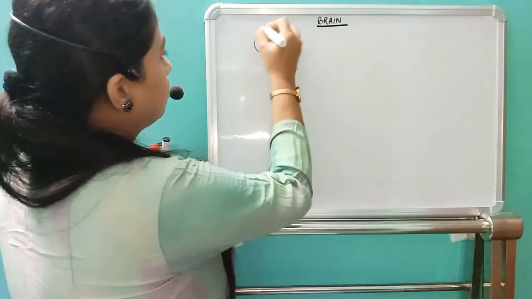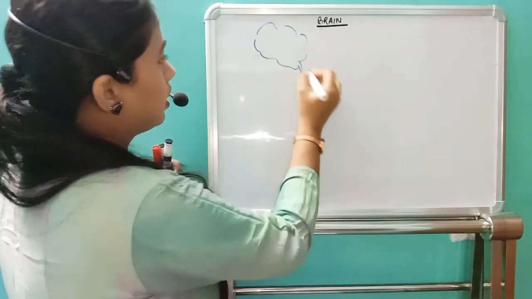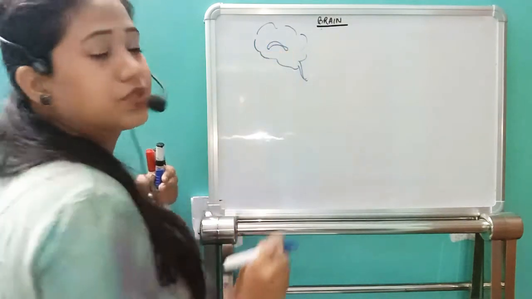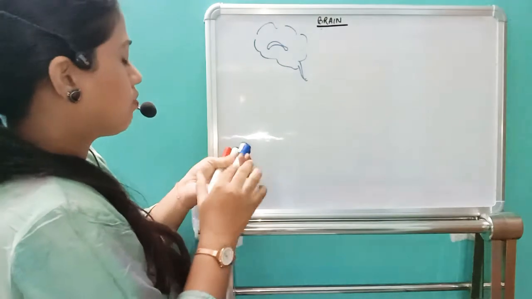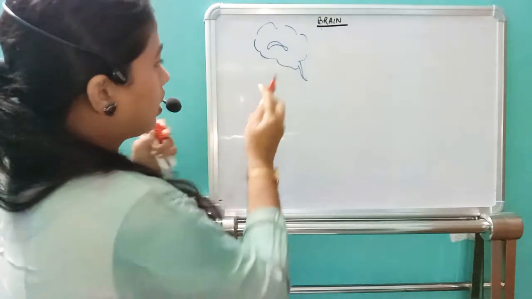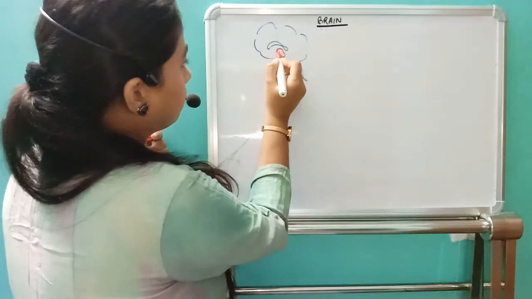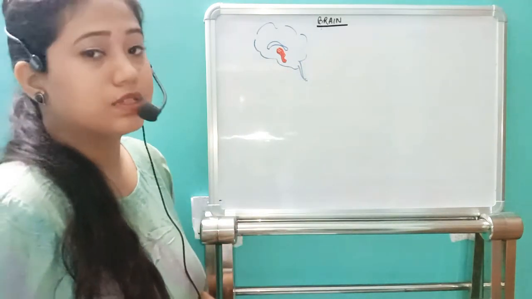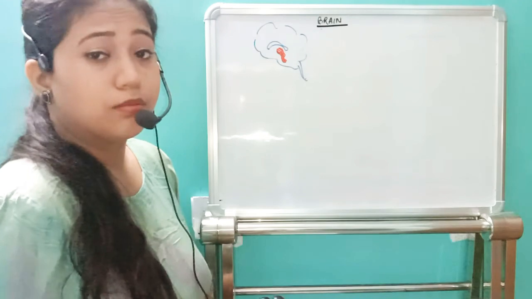If this is the brain, already in the earlier video I have drawn the diagram. So this is the corpus callosum, and in this area we are going to have the midbrain. Midbrain is the smallest part of our brain.